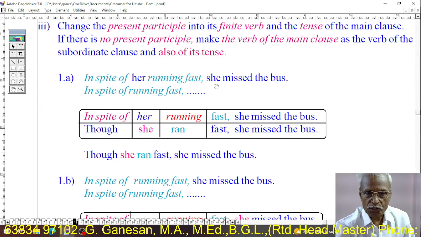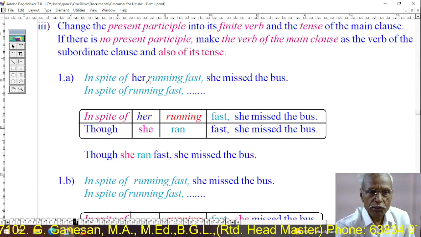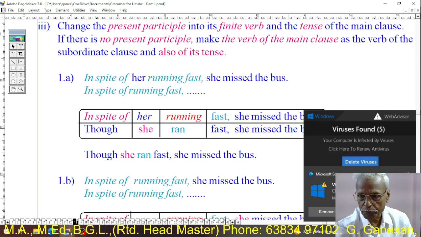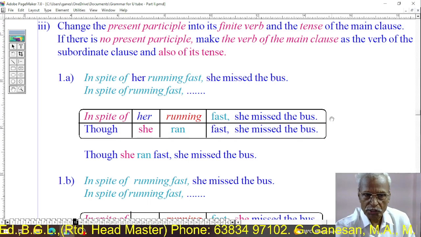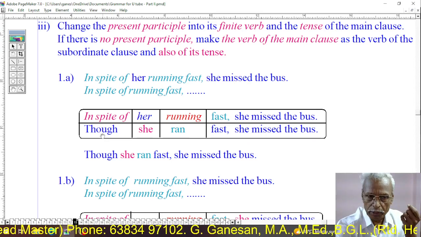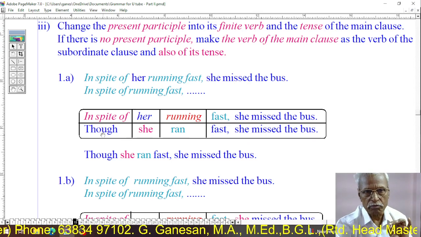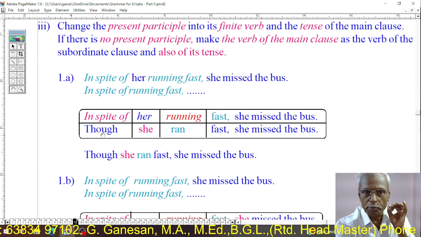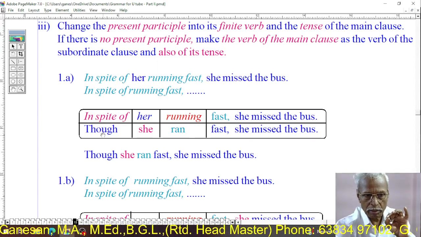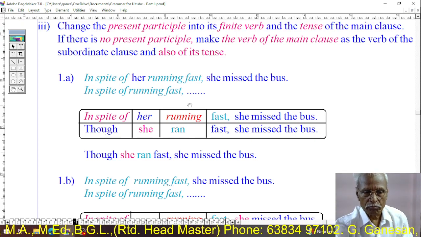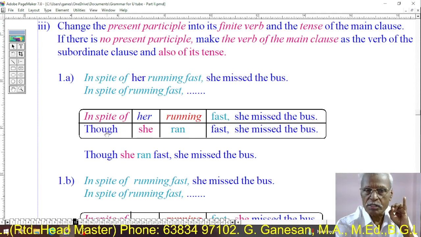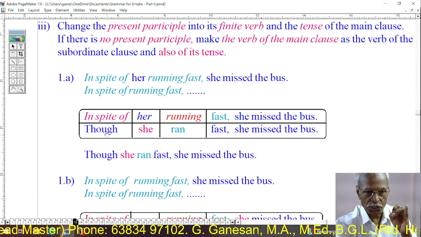In spite of her running fast, she missed the bus. In spite of her running fast is the phrase. In spite of, its subordinating conjunction is though.